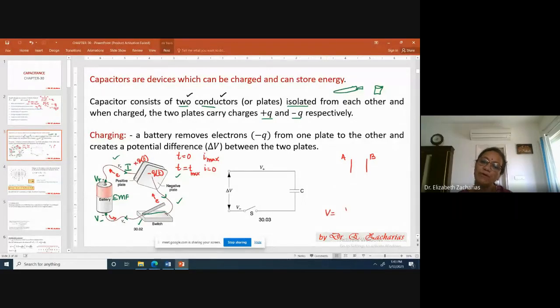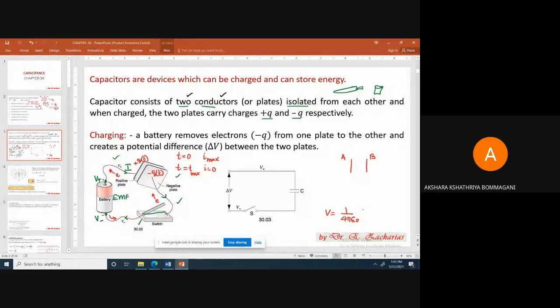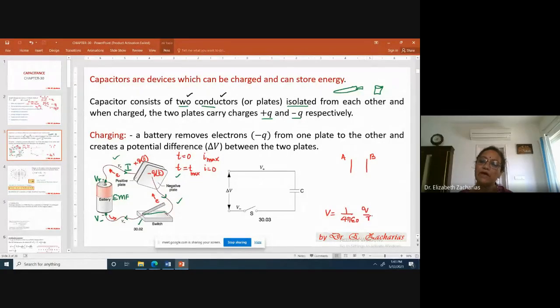Potential is equal to 1 by 4 pi epsilon naught Q by R. So if Q is going to be 0, that means the potential is going to be 0.